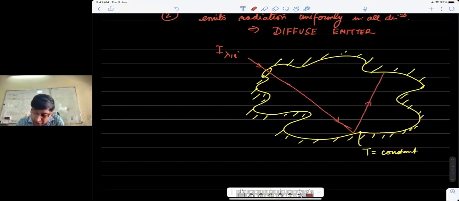It will have reflections which take it to different parts of the cavity. With each reflection that this radiation experiences, some part of it will get absorbed.